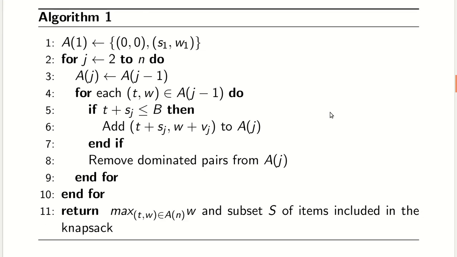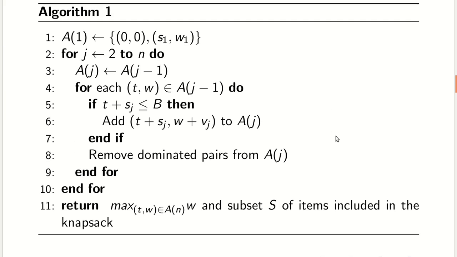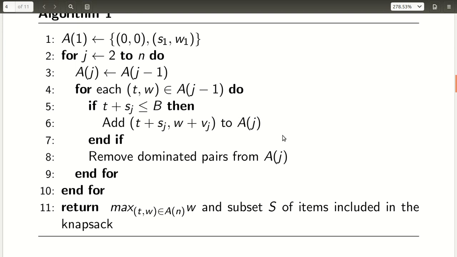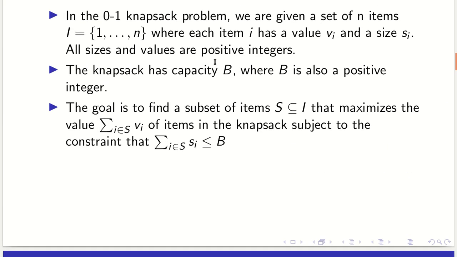So this is the dynamic programming algorithm, and this way of representing dynamic programming is a little bit different from what most of you might have seen before. The earlier algorithms for this 0-1 knapsack were also dynamic programming, but those had a running time of order nB, where B is the capacity.